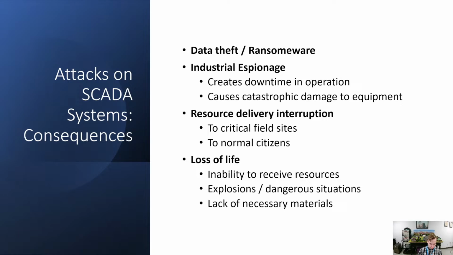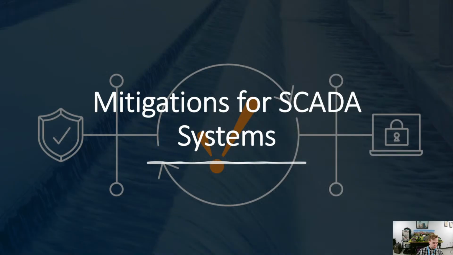Say, for instance, underwater pipelines. It's not an easy and safe job to be able to fix those. So the consequences of the attacks on these systems can be pretty grave. So given that, how can we protect our SCADA systems?